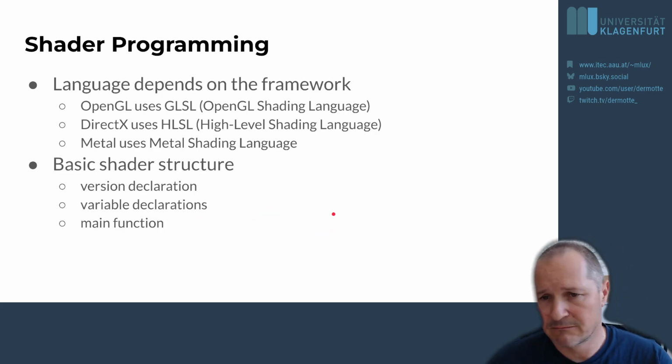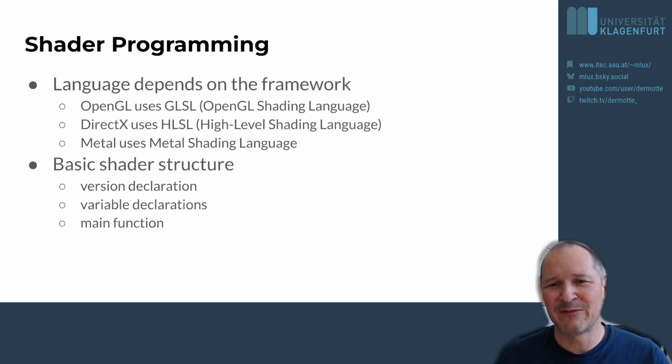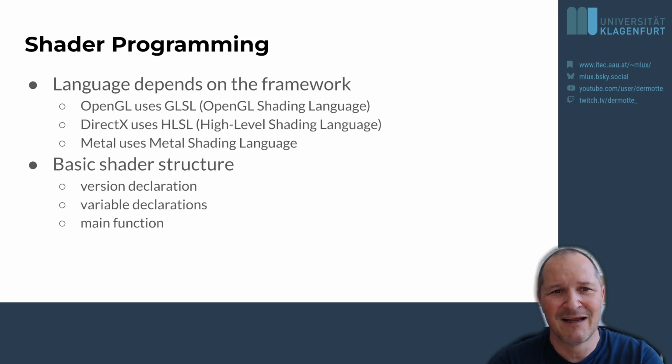Okay, so I talked a lot about shaders. A lot of top-down information. How do we actually program this stuff? The language depends on the framework. First, good information: there is no unified shader language. Everybody has their own.